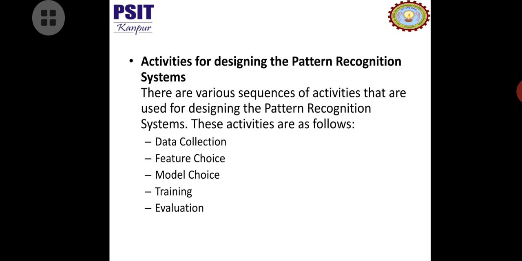Now, activities for designing the pattern recognition system. There are various sequences of activities that are used for designing pattern recognition systems. In this video I said we'll discuss phases and activities. I have covered phases, and now the next topic is activities.